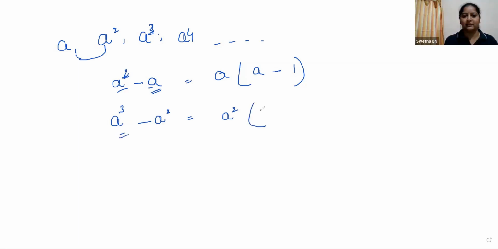So how much is remaining here? a minus 1. Both have a minus 1, but we have a and a square, right? So they're not forming an arithmetic progression. Got it?